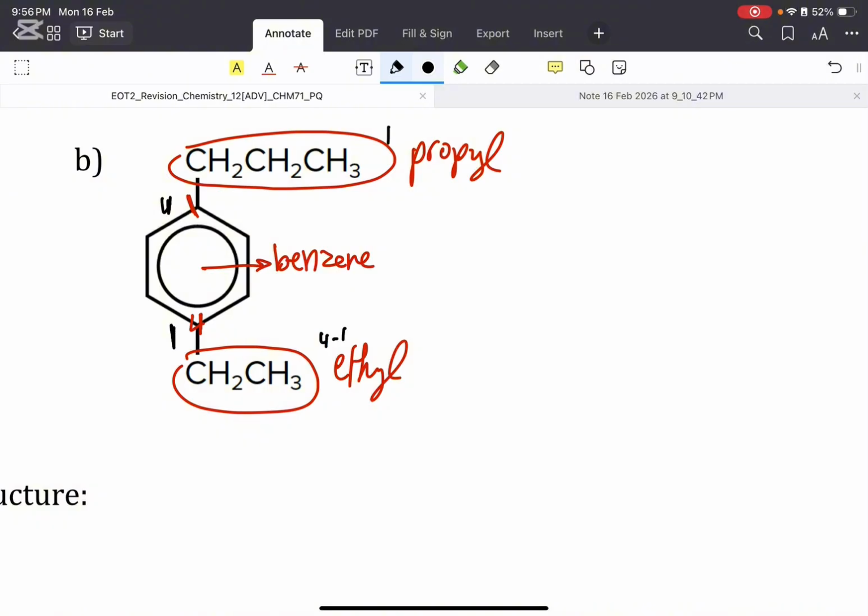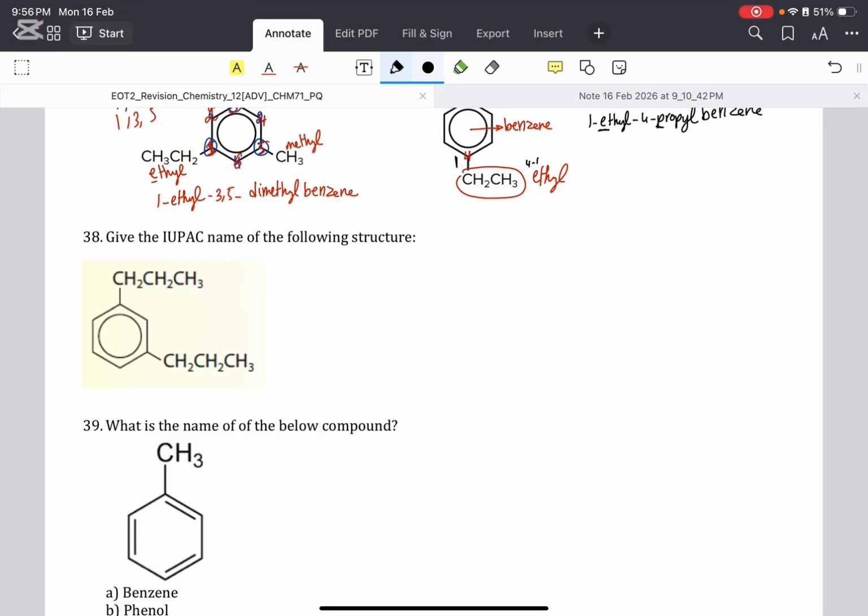Or should I say 1 propyl or 4 propyl? Since the numbers here are the same, we go for the next priority, which is the alphabetical order. So we better say 1 ethyl, 4 propyl. When writing it, be careful to start with the one that comes alphabetically first, and always end with the main chain, which is benzene.